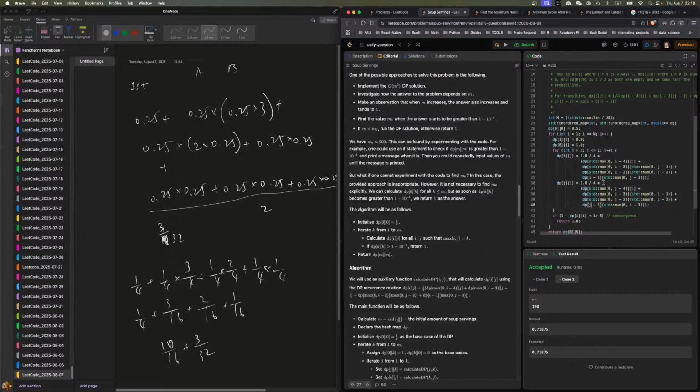I is something, J is something, right? And then basically we're saying, well, fill up every single thing. So there will be overlaps. Right? There will be overlaps.